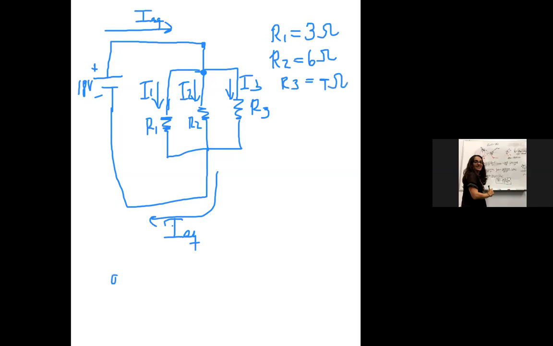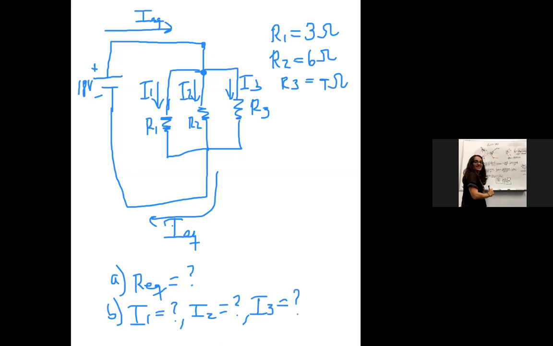The first thing we want to do, and even if we're not asked, we must do this, is to find the equivalent resistance. Then we want to find the current in each resistor. That means what is I1, what is I2, and what is I3. They're going to be different.